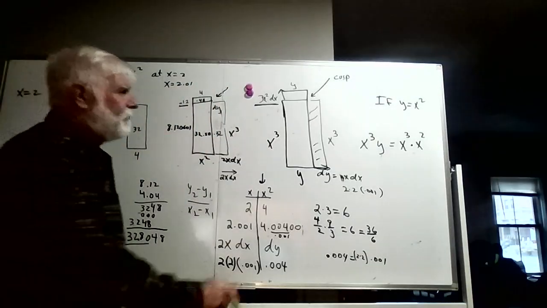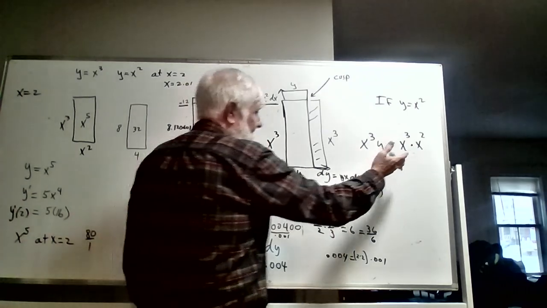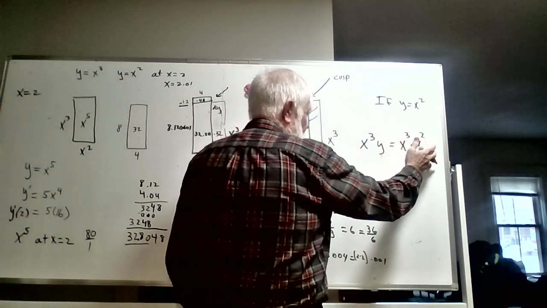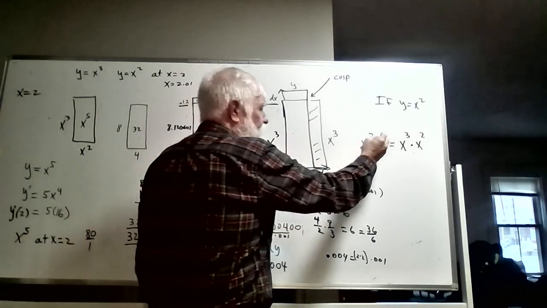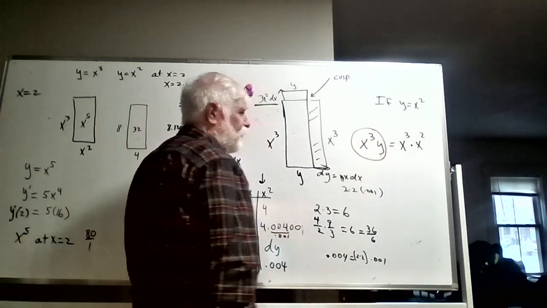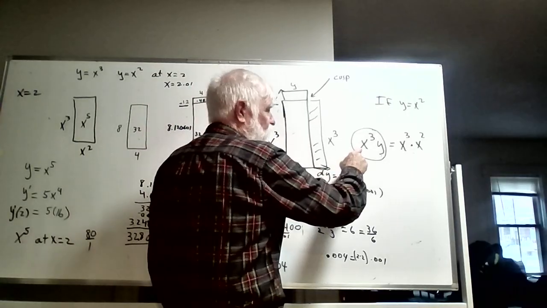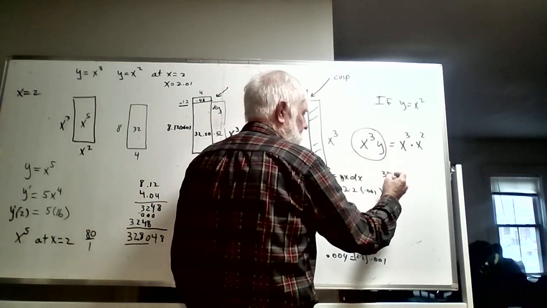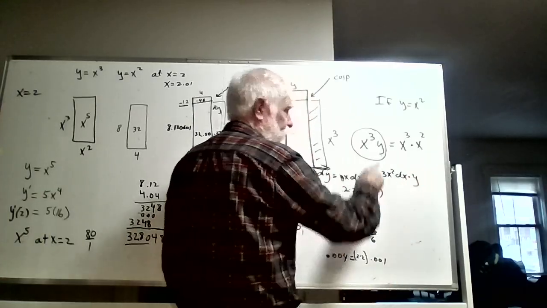So if I had x cubed times y, which is the same as x cubed times x squared in these diagrams, then this is where I can implicitly differentiate. What do I get? 3x squared dx times y. Leave the second one alone.